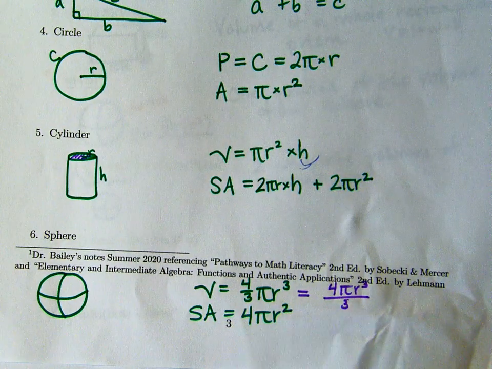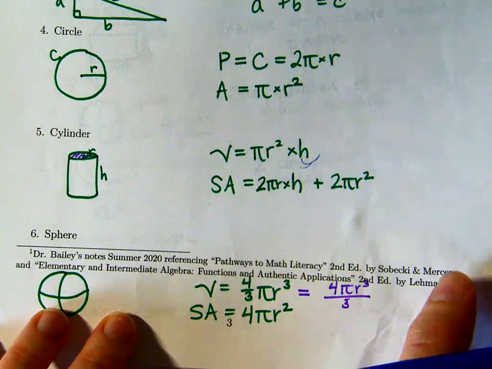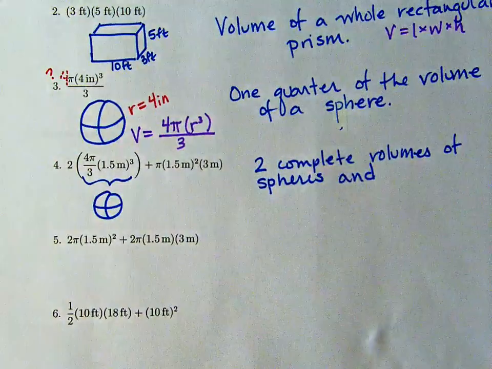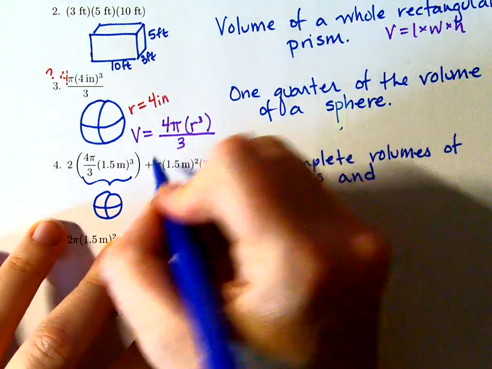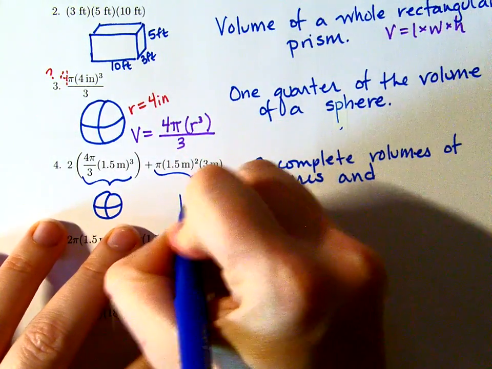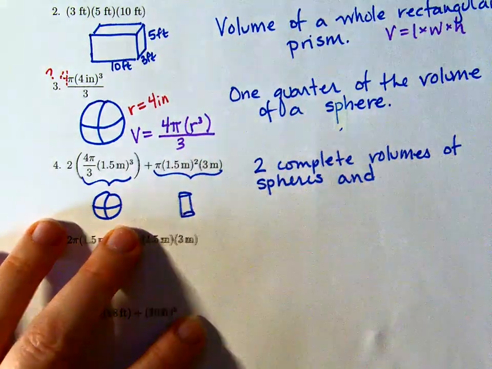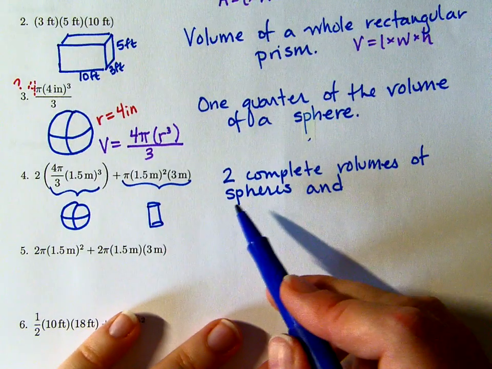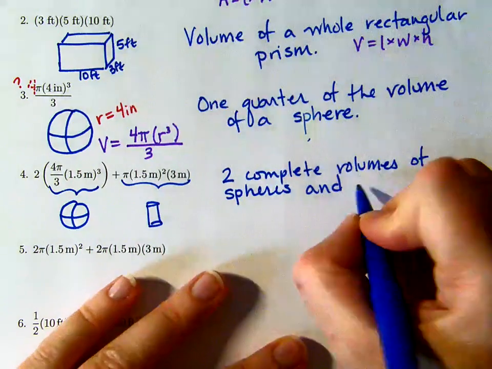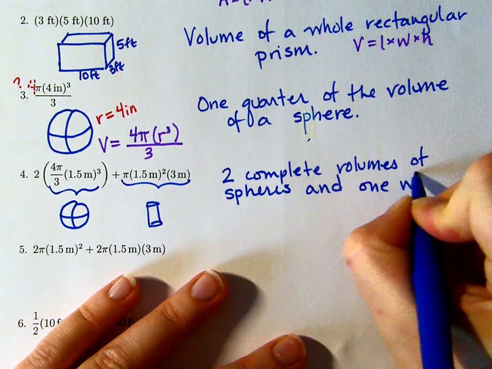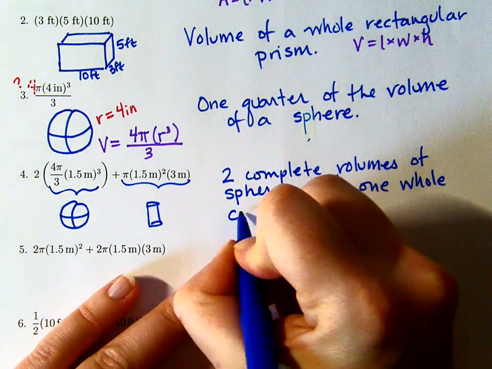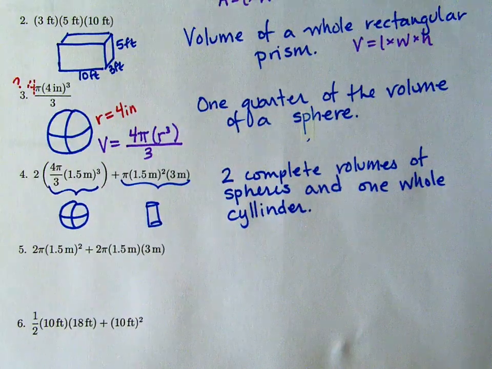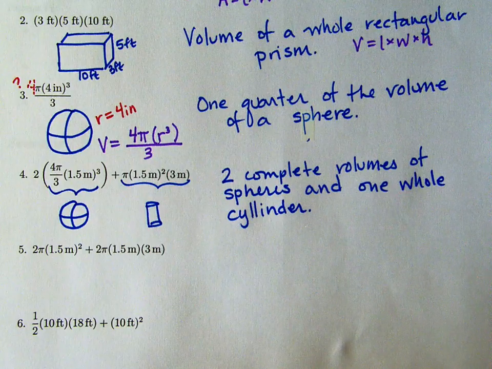There it is. Okay, so volume of a cylinder. Okay, so this is actually a cylinder. So 2 complete volumes of spheres and 1 whole cylinder. There's only one L in cylinder.